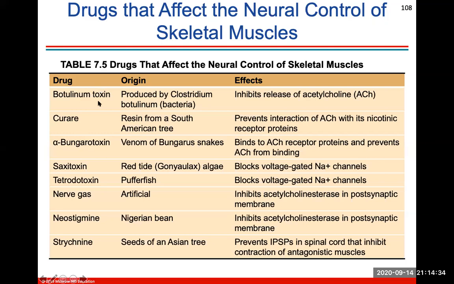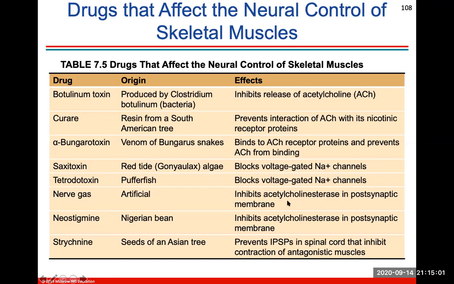This is a great look at the drugs, the origin of the drug, whether it was artificially made or coming from snakes like a toxin, and then the effect of it. Botulism toxin, produced by a bacteria, will inhibit the release of acetylcholine. That's what is used in Botox injections, so you probably never want to put that in your body. Nerve gas is artificial, so it's man-made.